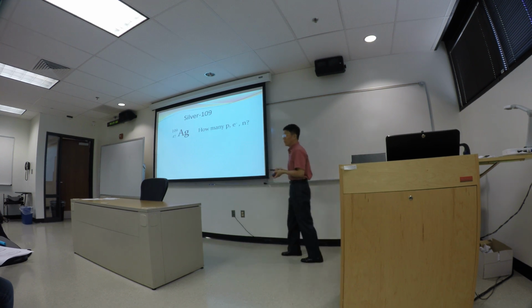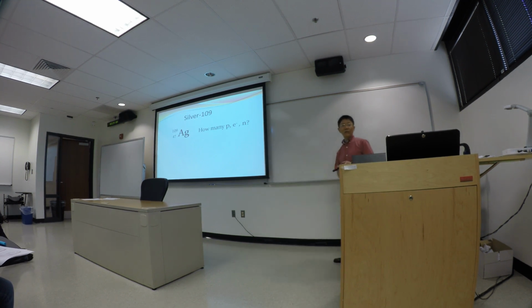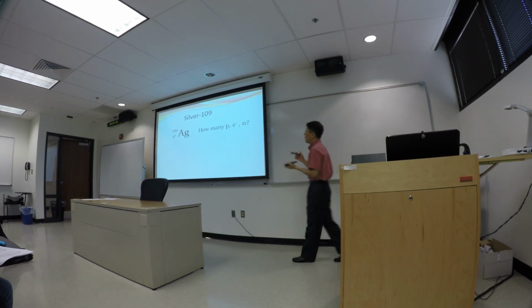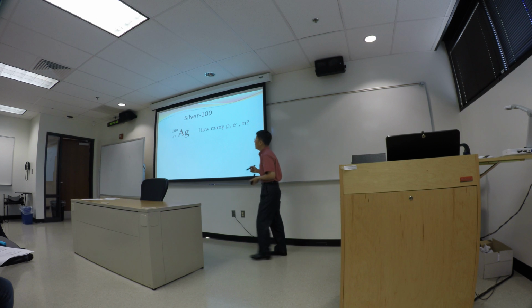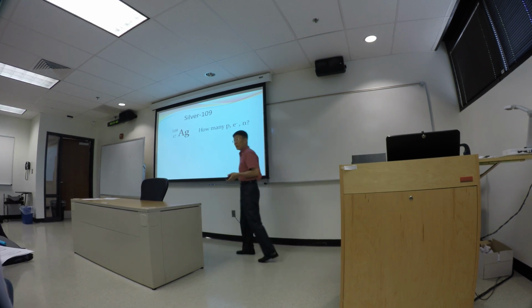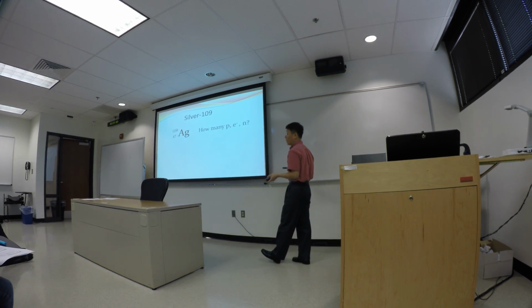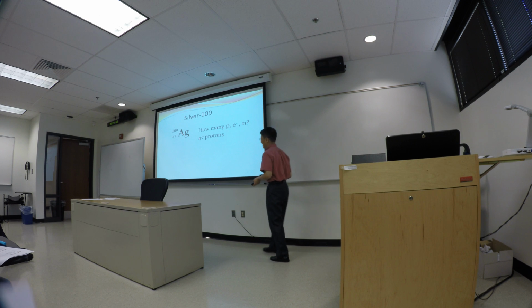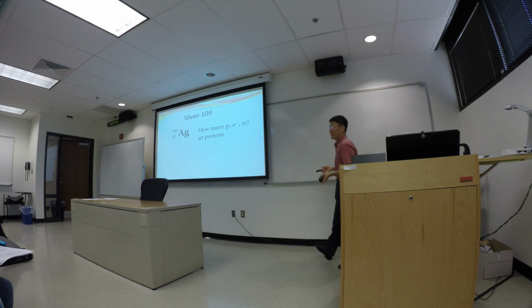So for silver then, the information given in the periodic table, the atomic representation there is silver, Ag, 109, 47. How many protons do we have? 109. Who said 47? It is 47. Okay. So how many electrons do we have? 47.